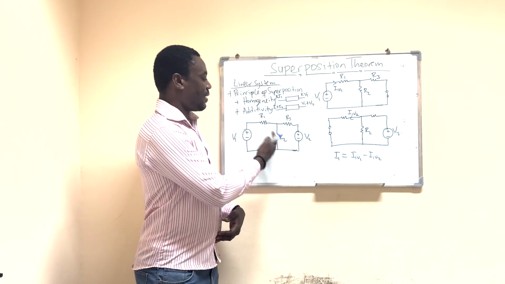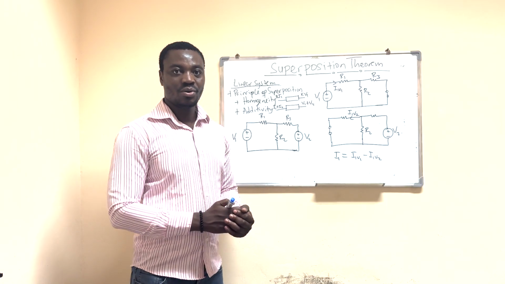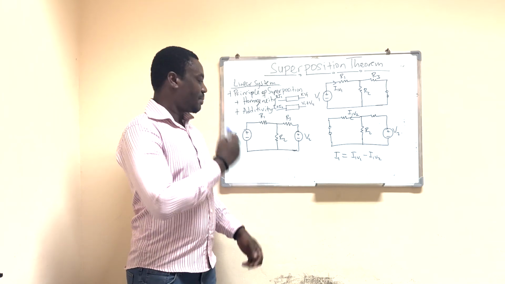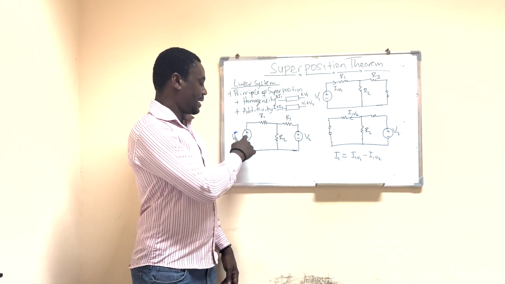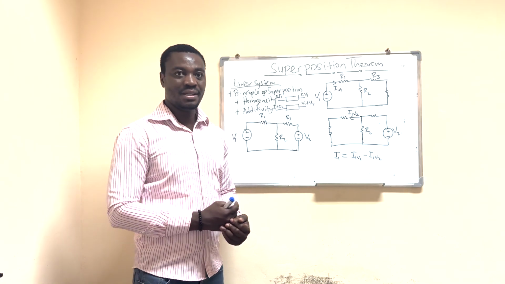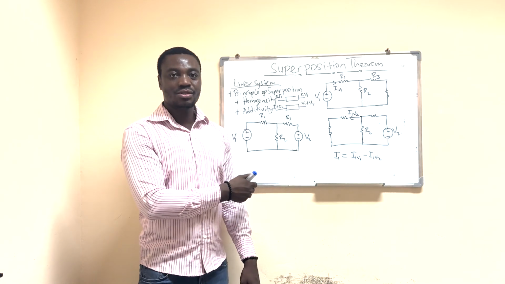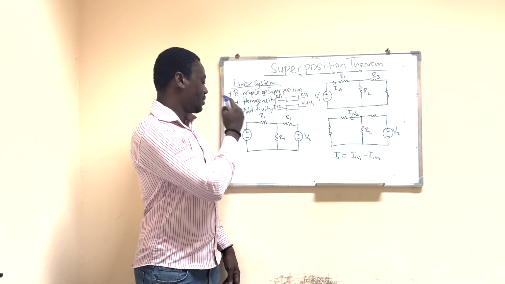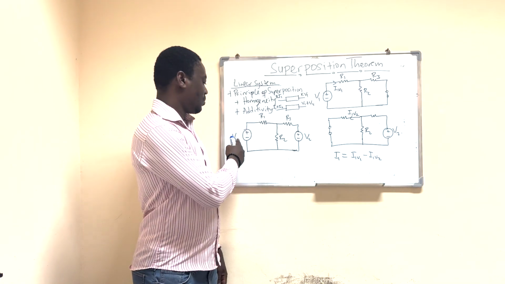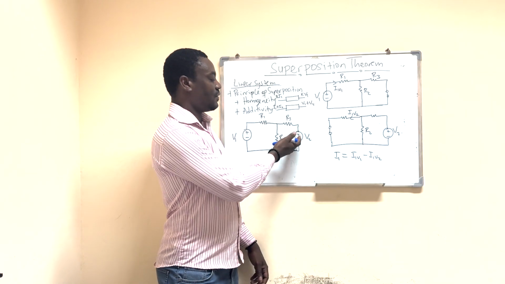So if we are interested in finding the current passing through R1, we can find the current by making sure that one of these voltages is active, all right, meaning it's acting alone at a time. Then we find the current passing through R1 due to one of them being active. So for example, I can make V1 active and then turn off V2.